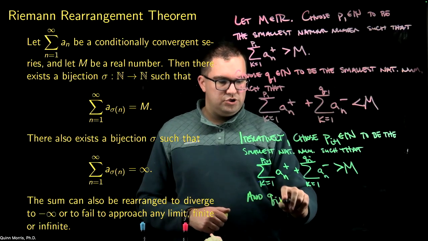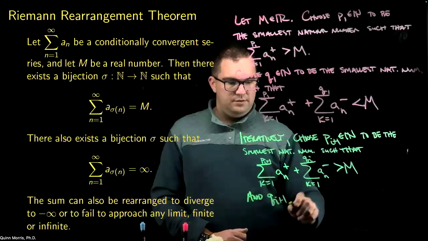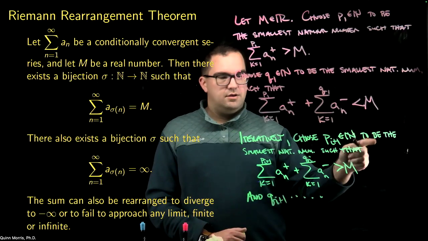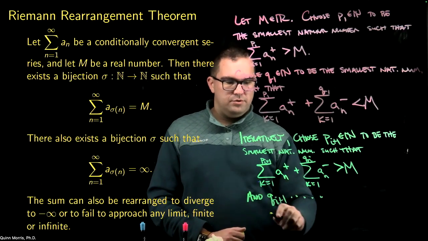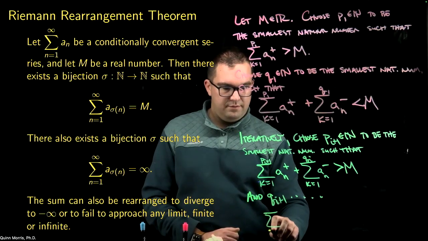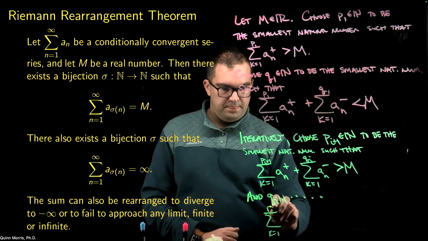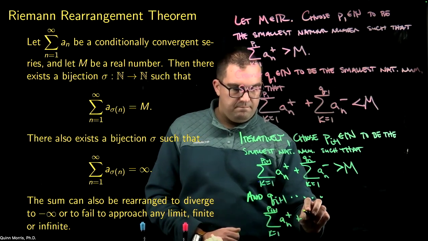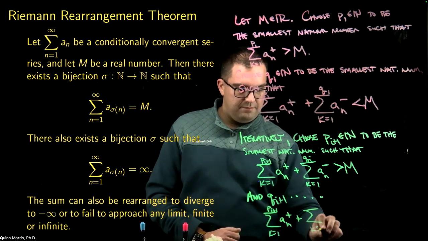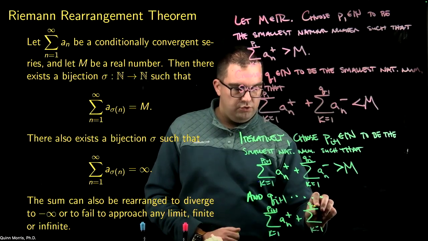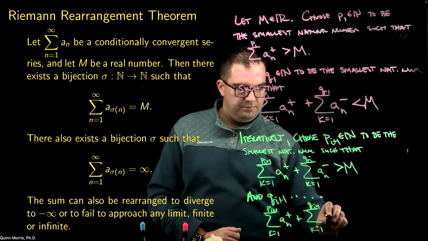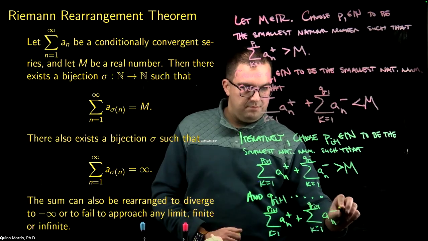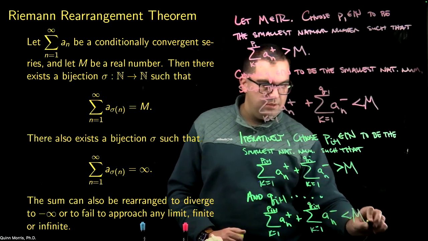And then I would choose q sub i plus 1, dot, dot, dot, to be the smallest natural number such that we get back, so now I'm going to take my negative terms up to q sub i plus 1 of a sub n minus, and that's going to take me back down below m.